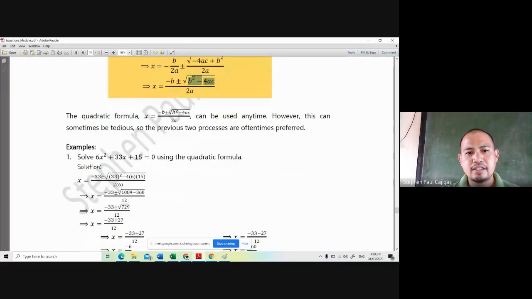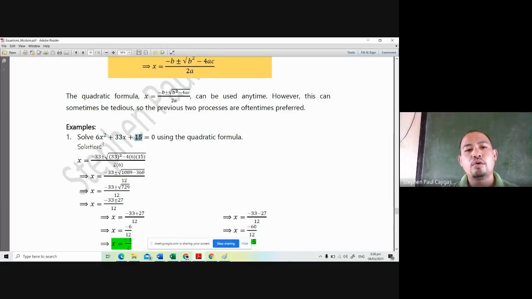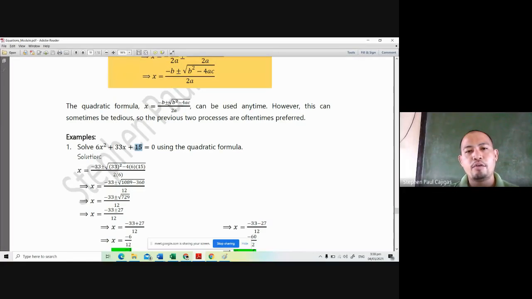So basically, this is just substituting. So in here, 6x squared plus 33x plus 15. So your A is 6, your B is 33, your C is 15. So again, the formula, negative B plus minus square root of B squared minus 4AC all over 2A.